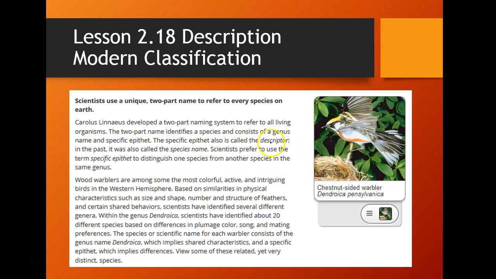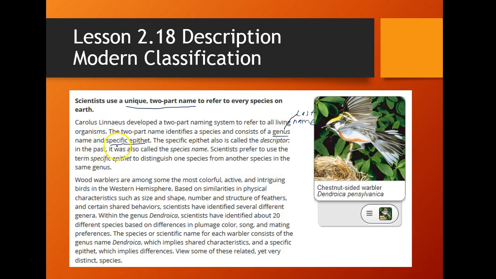Last lesson we talked about how scientists use a unique two-part name to refer to every species on Earth. And remember, the two parts were the genus and the specific epithet. The genus is like the last name of an organism, which it shares with other related organisms.